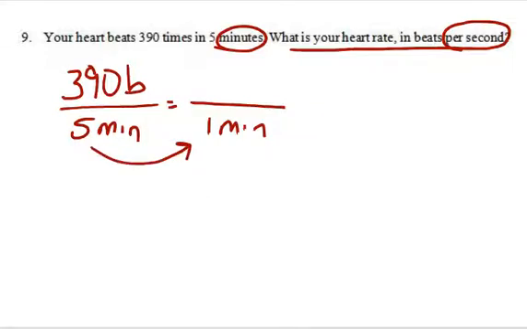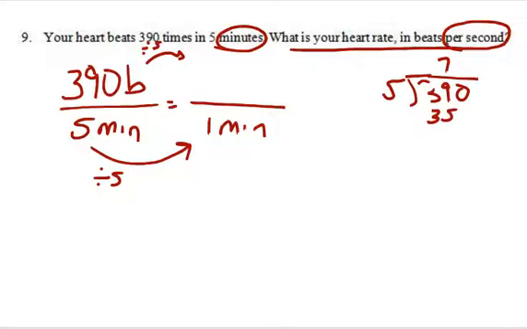So let's find out how many beats per minute this is. Divide top and bottom by 5. So I want it per 1 minute for my unit rate. And we need to do the math. We'll go off to the side. 5 goes into 39 7 times. 5 subtract 4, 5 goes into 40 8 times.